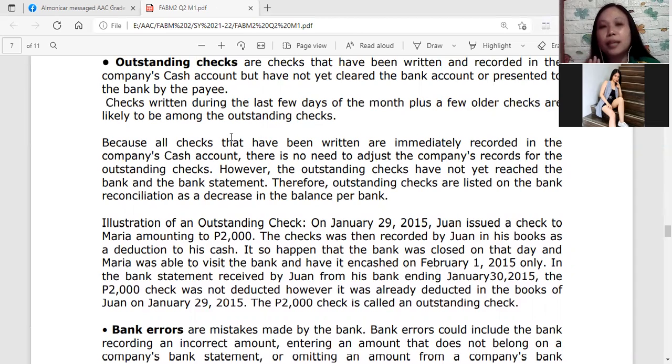If it's an outstanding check, it will be shown in the book balance, on the company's side. So you are going to deduct that. You deduct it on the other area, because the other area doesn't have that check yet. So you put the outstanding check there, and you deduct it.